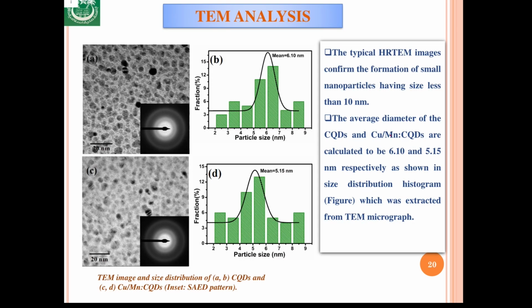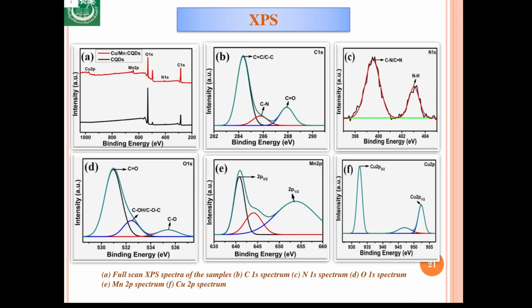The typical HRTEM images showed that the mean diameter of the undoped carbon quantum dot was around 6 nanometer. On the other hand, the doped carbon quantum dot had a mean diameter of 5.5 nanometer.